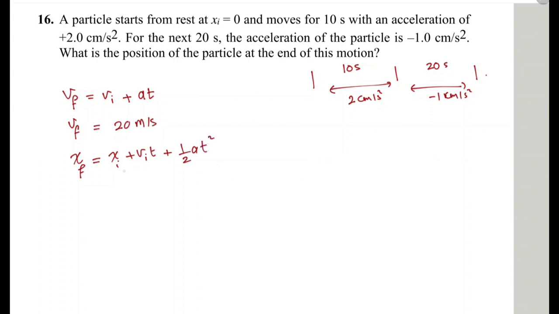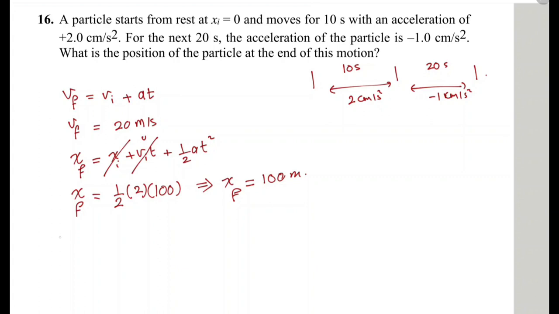The object starts from the origin, x equal to 0, and starts from rest, so v initial is 0 as well. So x final equal to half times 2 times the time interval, 10 seconds, so 10 seconds square is 100. So x final for the first part of the question is 100 meters.